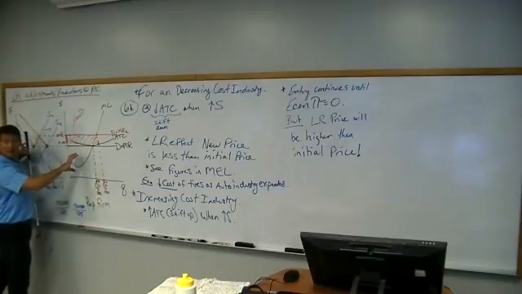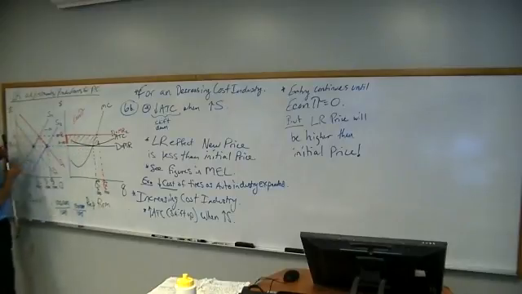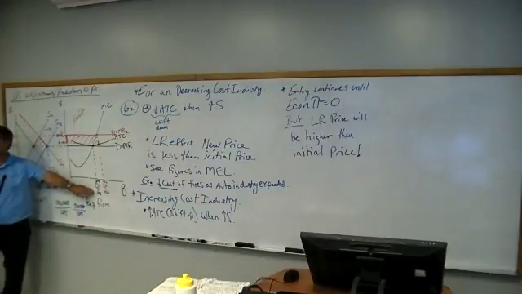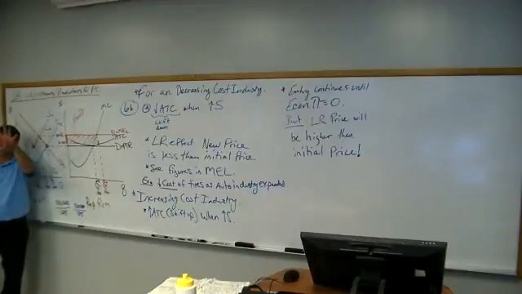Economic profit is negative, it's a loss. So if that's consistent and nothing else changes, what's going to happen if there's losses for the representative firm for a long period of time? Go out of business, exit.